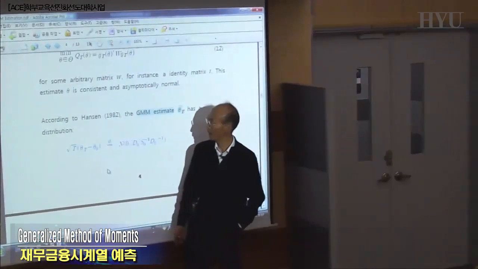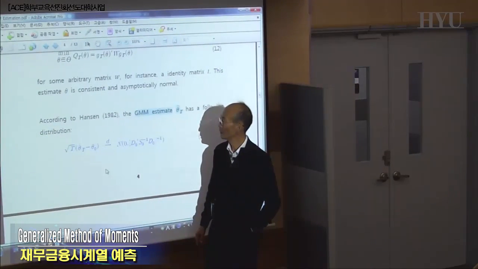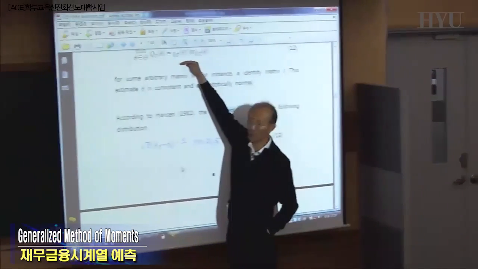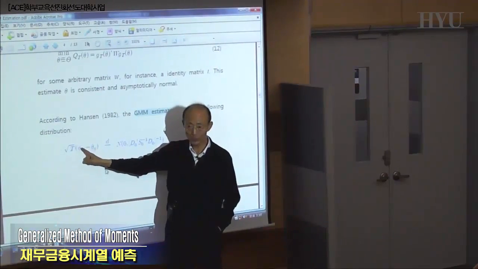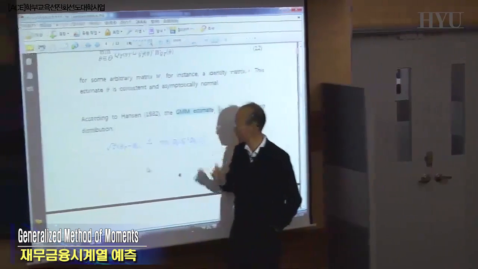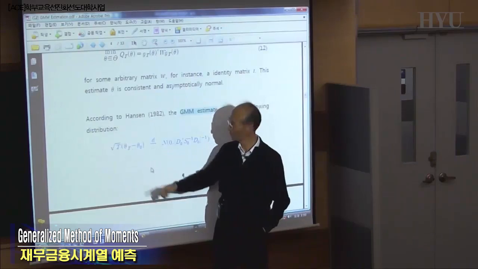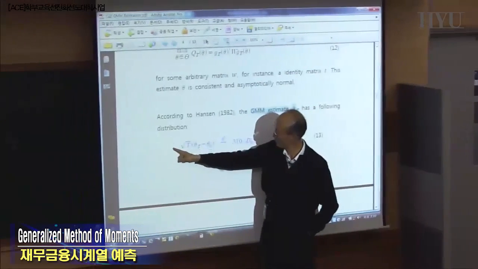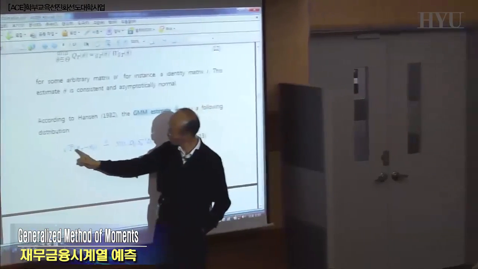So in practice, from minimizing this problem, you get theta t hat, right? That's your estimate. Then what is the variance of this one? Take the variance here. What is the variance?